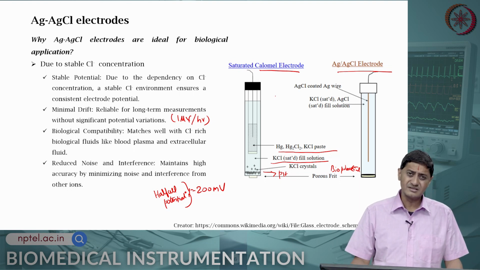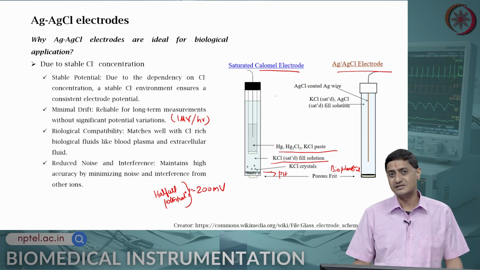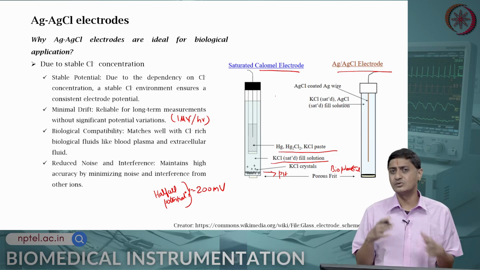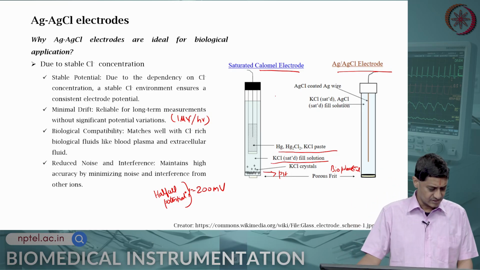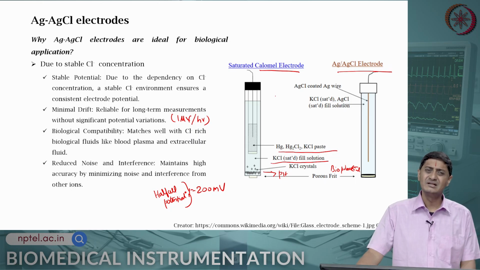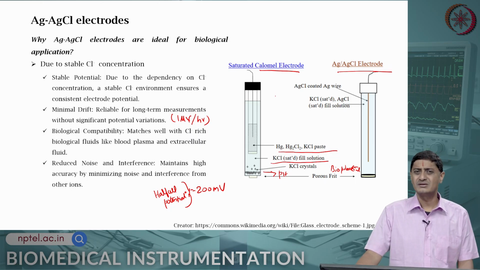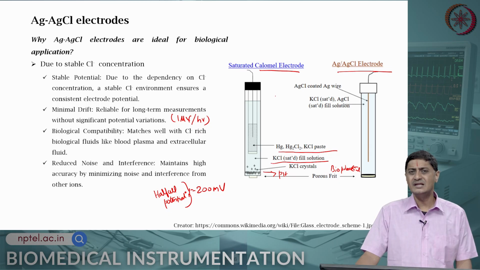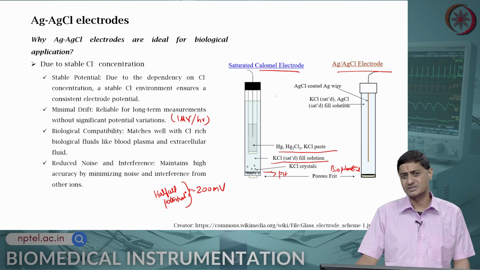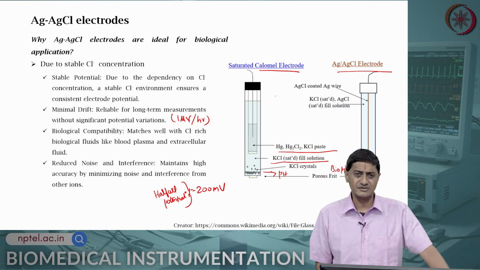Well maintained sintered electrodes can be reused for thousands of cycles without getting damaged. So, essentially it provides a stable, reliable, low noise, highly biocompatible, minimal drift solution, which is the silver chloride electrode.